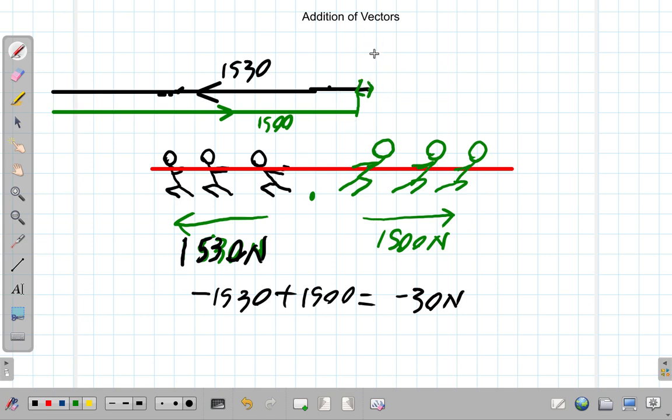So what you have is that the sum will be this vector, because all of these parts will cancel each other and 30 newtons will be left over. Alright? So that's an addition of these vectors, which involves some amount of subtraction as well.